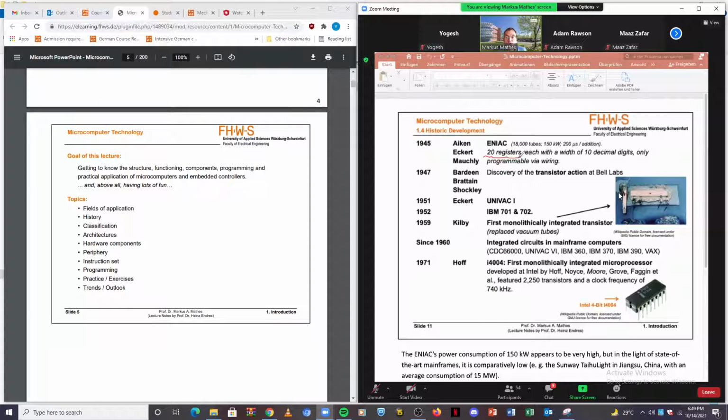Okay, each register has a width of 10 decimal digits. So the registers can store different widths of data. So 4-bit, 8-bit, 16-bit. We will see in a second for which system this is true. And the ENIAC was programmed via wiring.